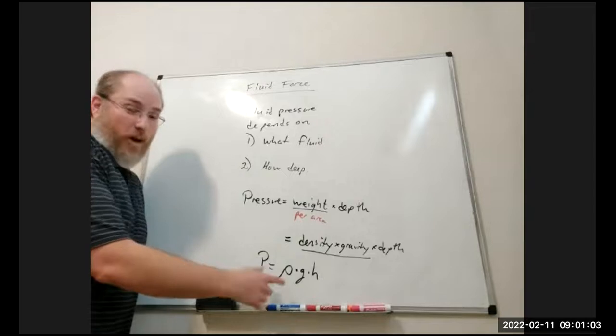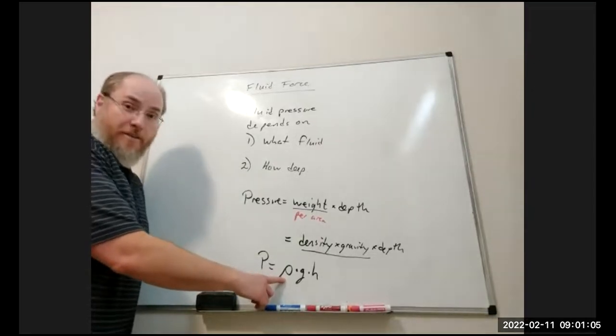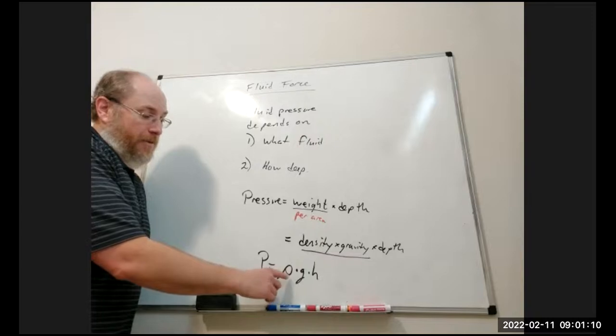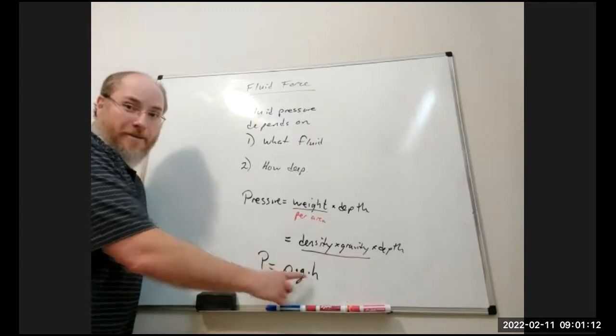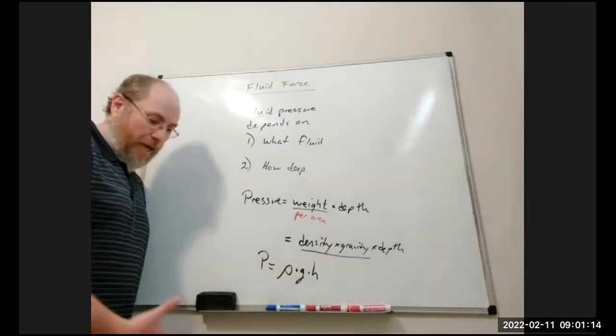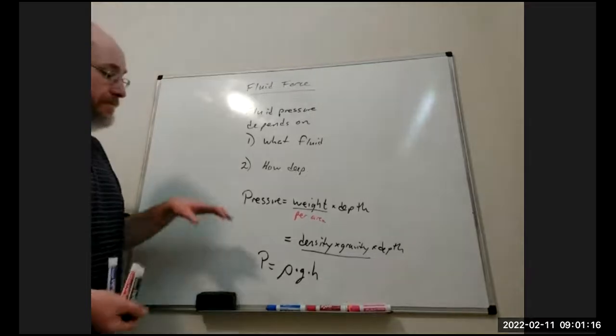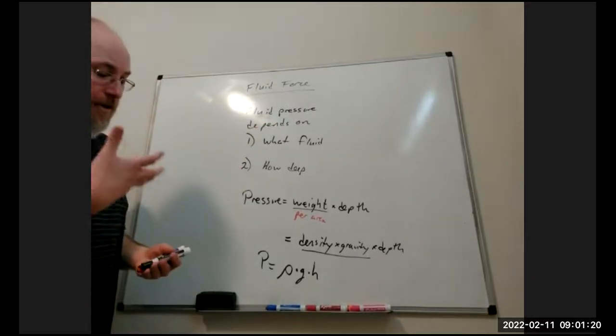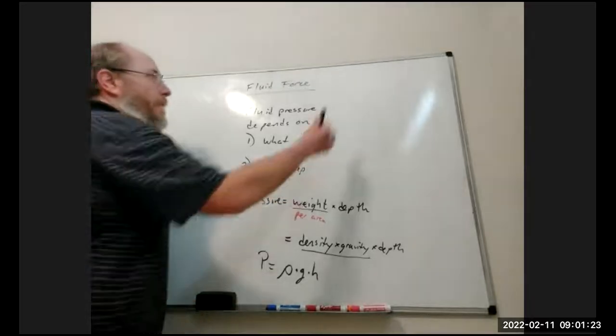And think about that. Salt water is like 1,030 kilograms per cubic meter. You multiply that by a couple thousand meters. That was huge, huge pressure, right? So here's your pressure. Now, I'm talking about fluid force. Force is actually pressure times area.